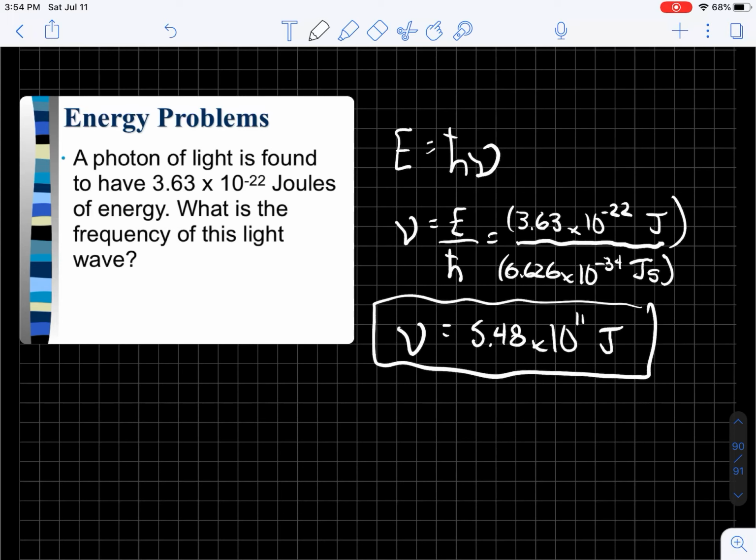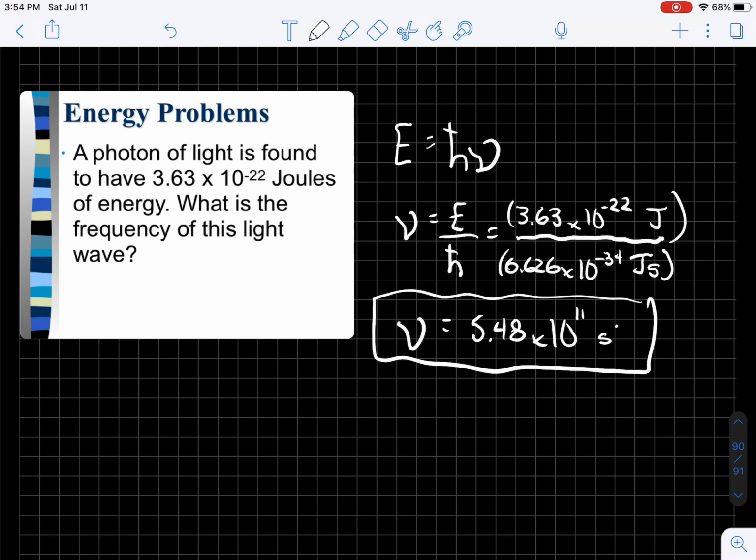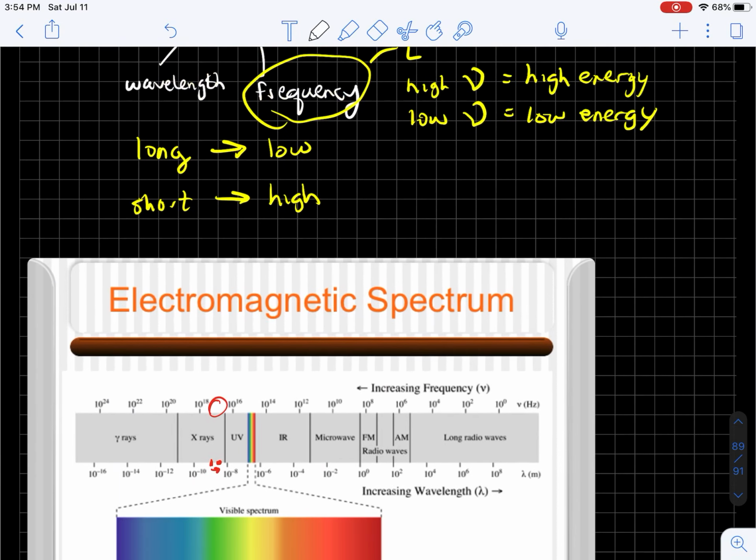Did we solve for frequency correctly? We did. Let me see if I put it into my calculator correctly, because that seems like a large number. 3.63 exponential negative 22 divided by 6.626 exponential negative 34. And now I get the same answer, 5.48 times 10 to the 11th. Okay, the unit's not joules. It's seconds to the negative 1, which is hertz.